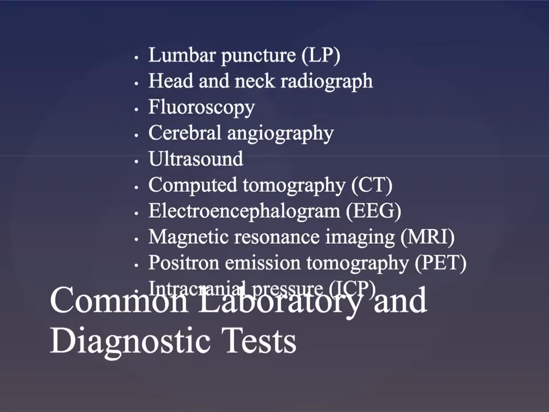So these are some of those common laboratory and diagnostic tests that we do when trying to figure out what is going on with somebody neurologically. On pages 507 through 509 are several of the laboratory and diagnostic tests that we have listed here.